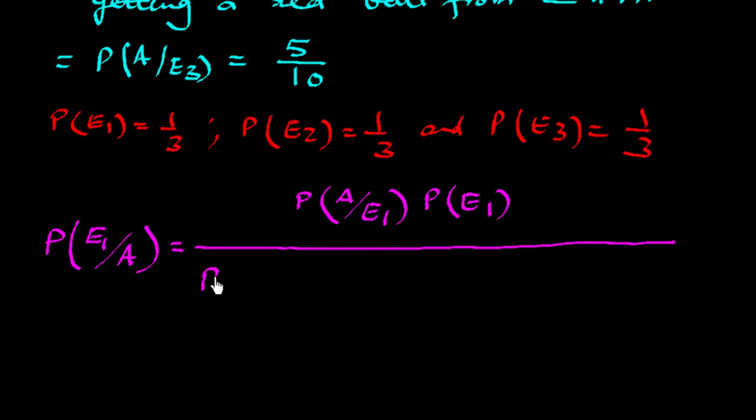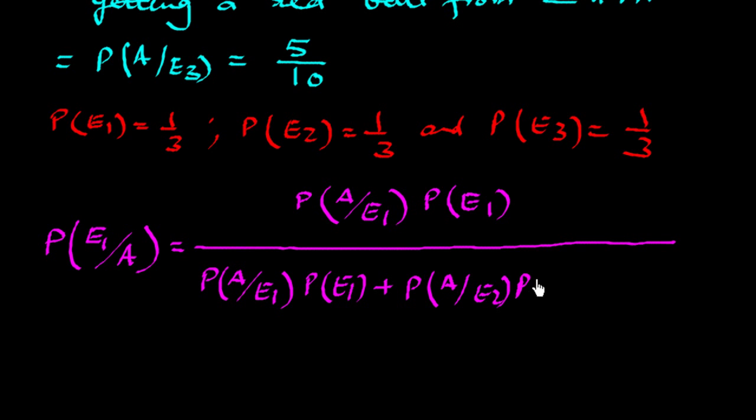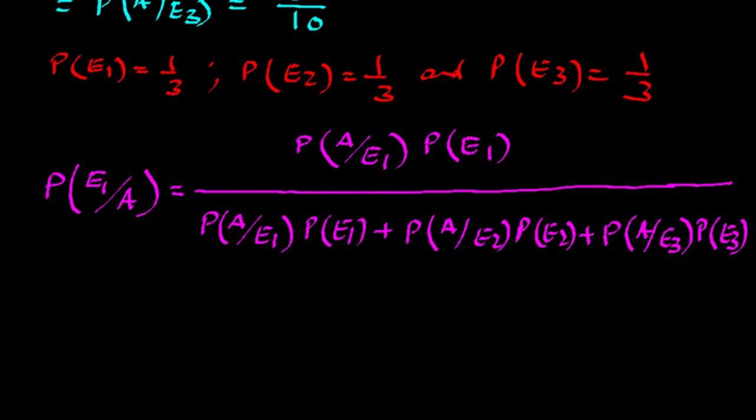So the probability of A over E1 into probability of E1, plus probability of A over E2 into probability of E2, plus probability of A over E3 into probability of E3. We write it in this way. Now we put these values in this formula.